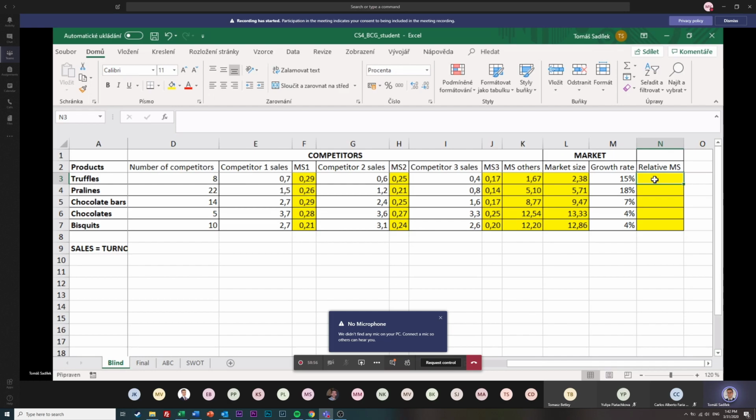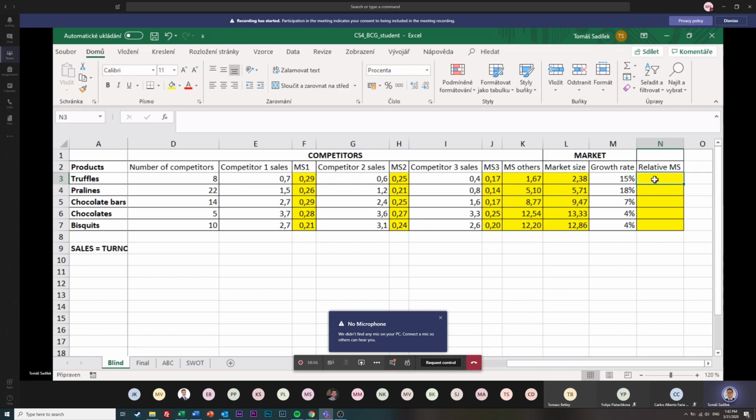And what does it mean? If we compare our market share and the market share of the biggest competitor, we can see that the relative market share is 71%. So we are at 71% of the biggest competitor, in terms of truffles. If I copy these numbers, in pralines, if we compare them, we can see that our market share is 107% of the market share of competitor number one.